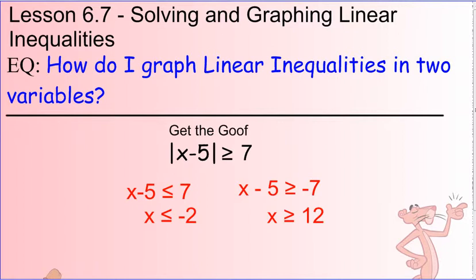The goof that we have here is from the last lesson. So let's see how they did. They took this, and it should be x minus 5. The first one you're not supposed to switch anything. They switched this sign, so it should still be a greater than. And then when you add 5 and add 5, we would get 12.